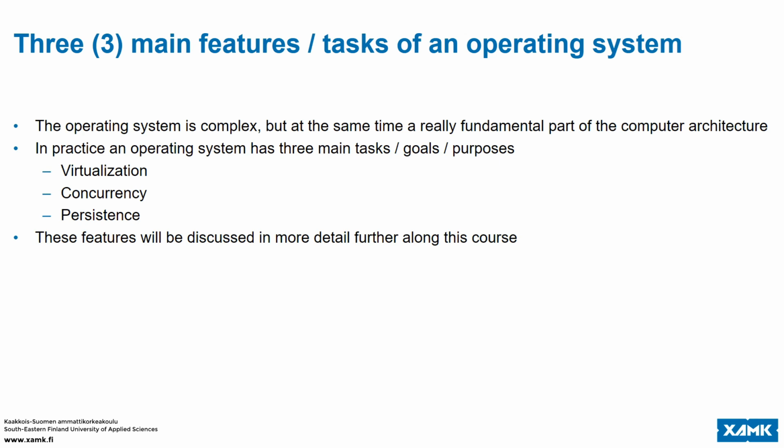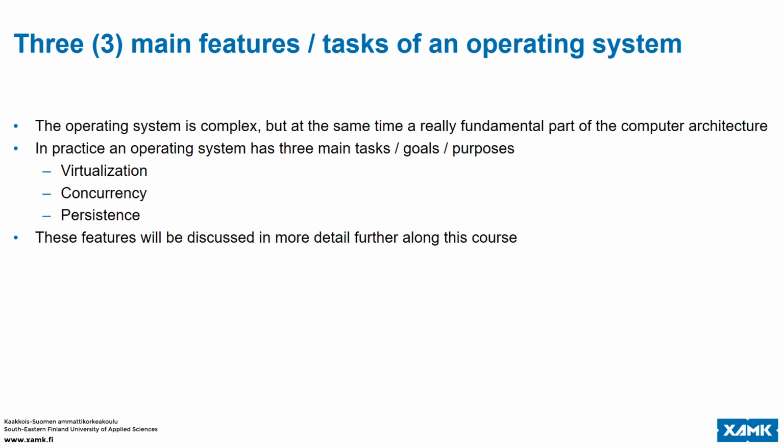One of these simple ideas is that operating systems pretty much only have three main tasks or goals. An operating system has to solve three fundamental problems: virtualization, concurrency, and persistence.